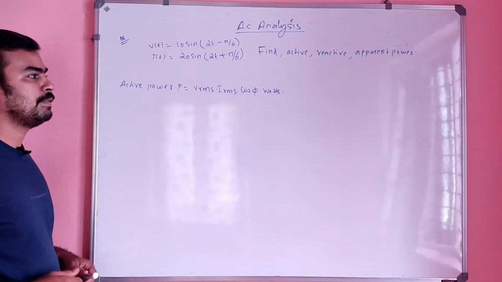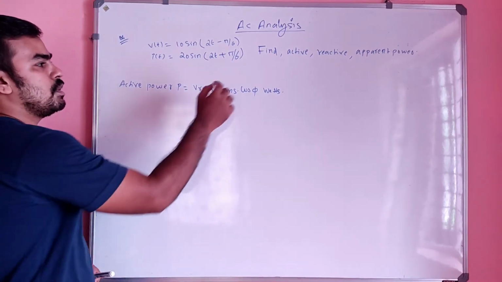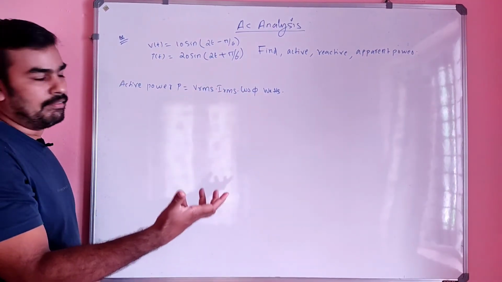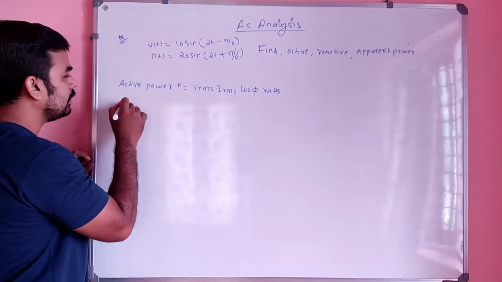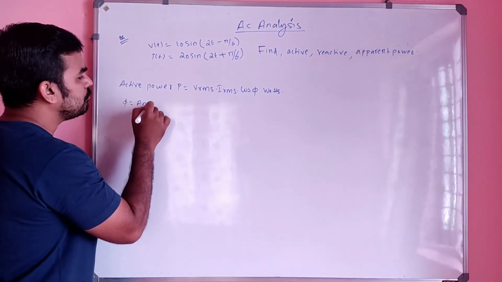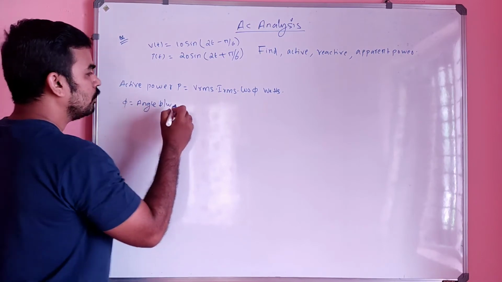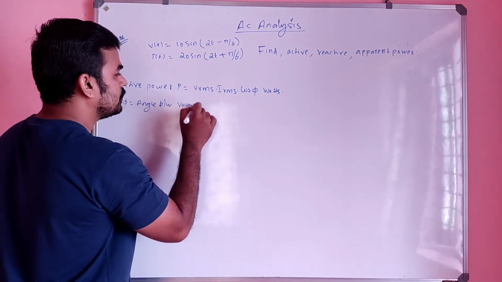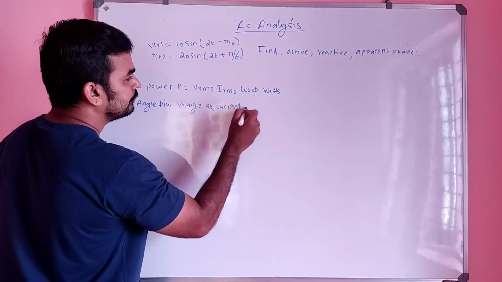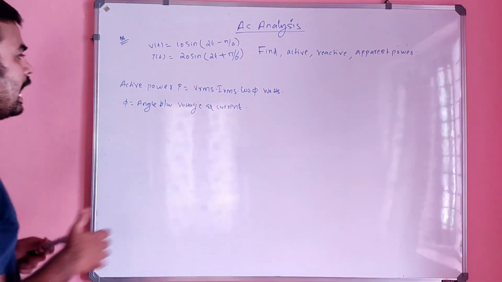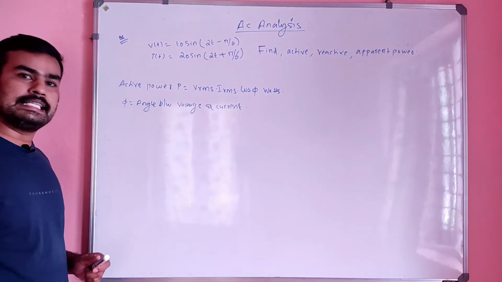Correct or wrong? Correct. And cos phi is the power factor, right? And phi is the angle between voltage and current. Correct.